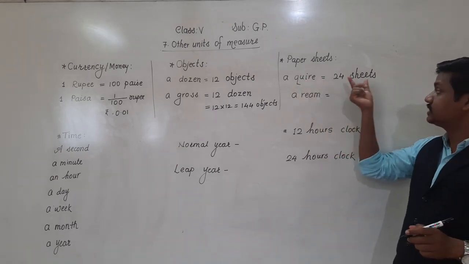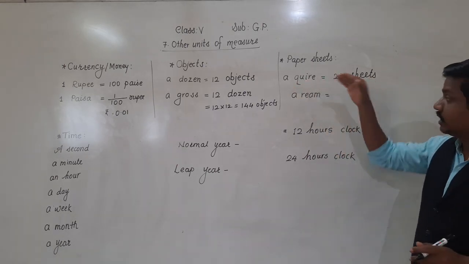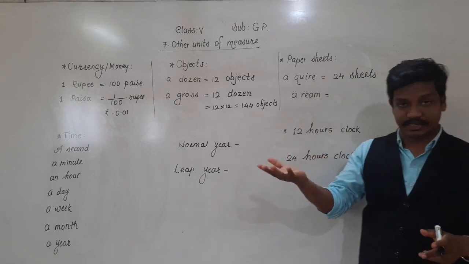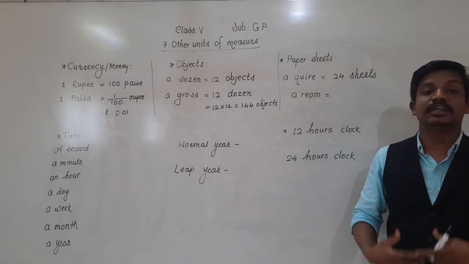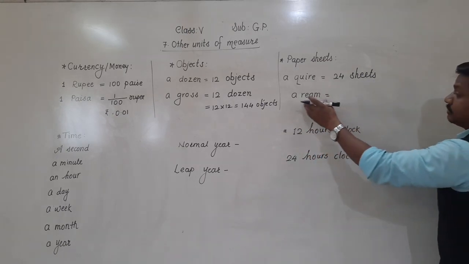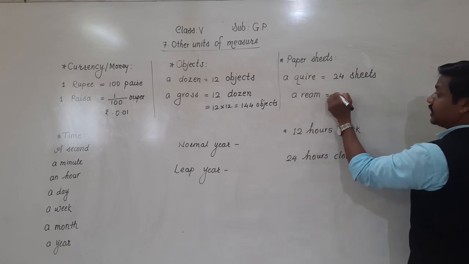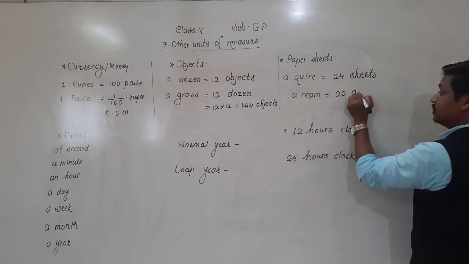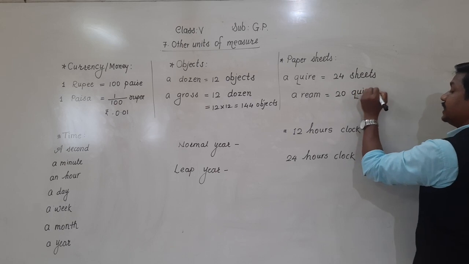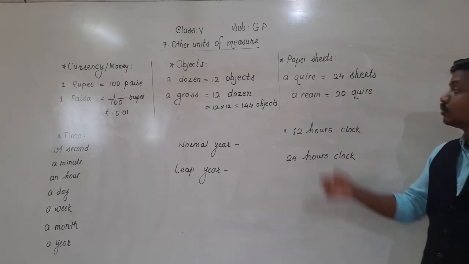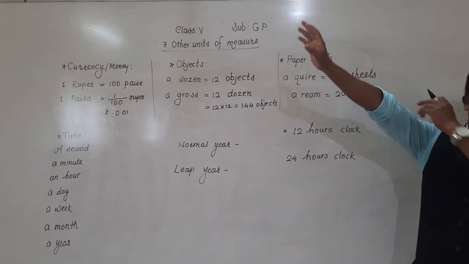A quire means 24 sheets, and a ring is the bigger unit. It is used to measure a large number of sheets. So a ring is how many quire? 20 quire. A ring means 20 quire of sheets of paper.